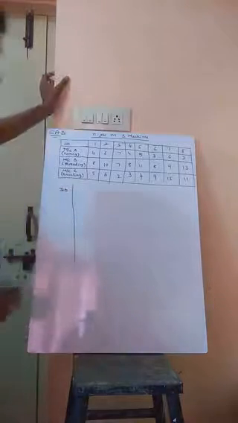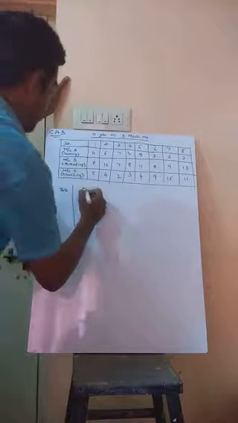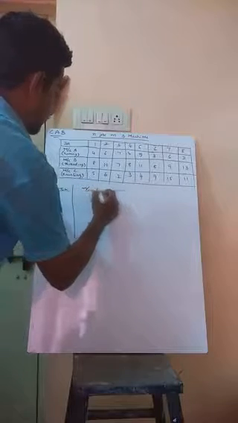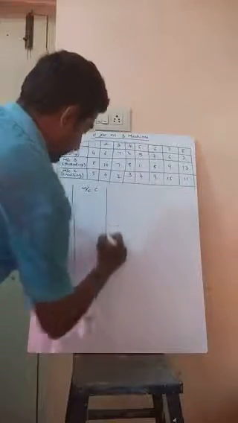Now we need to reorder the problem here. They gave CAB, that means we need to set the table as CAB itself only.